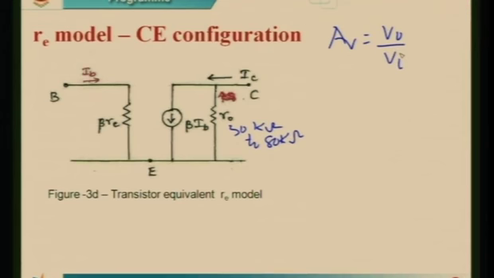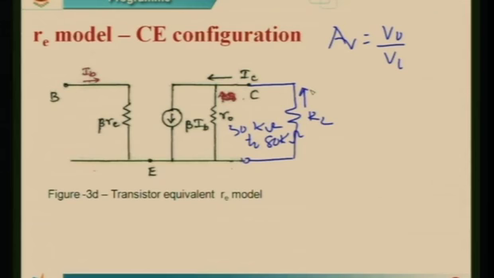When voltage gain AV is equal to V0 by Vi, we need to calculate with an open circuit, so you have to connect an external resistance RL. The current flows through RL in this direction.